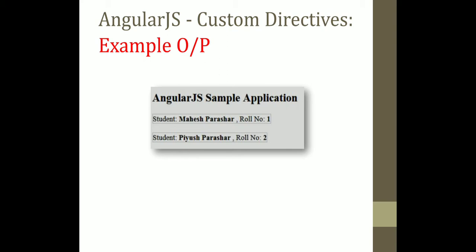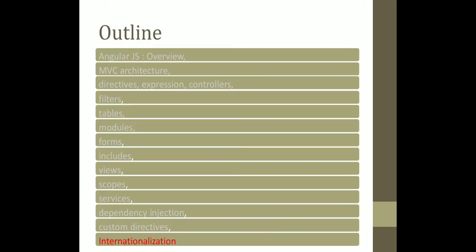So this is how custom directives work in AngularJS. Mainly, as told, they are for defining the functionality of HTML using directives, and using that directive function, it will be activated or replaced by the custom directives.